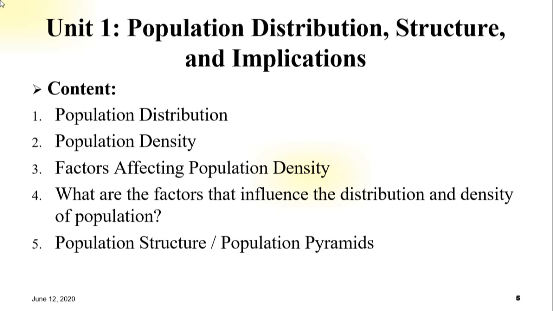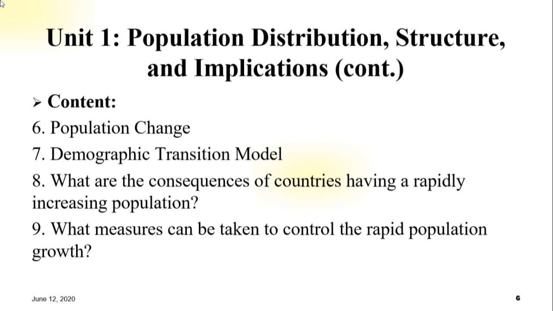Number 3, factors affecting population density. Number 4, what are the factors that influence the distribution and density of population. Number 5, population structure or population pyramids.